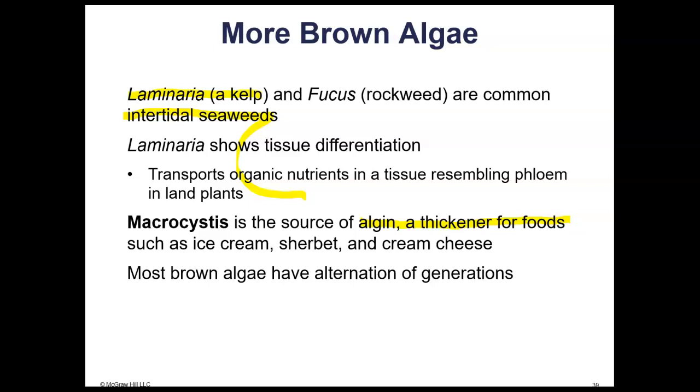One example of brown algae is kelp, and one of the, I guess you would say, economic benefits that we have of brown algae is it's a source of algin, which is used as a thickener for ice cream and cream cheese and sherbet.